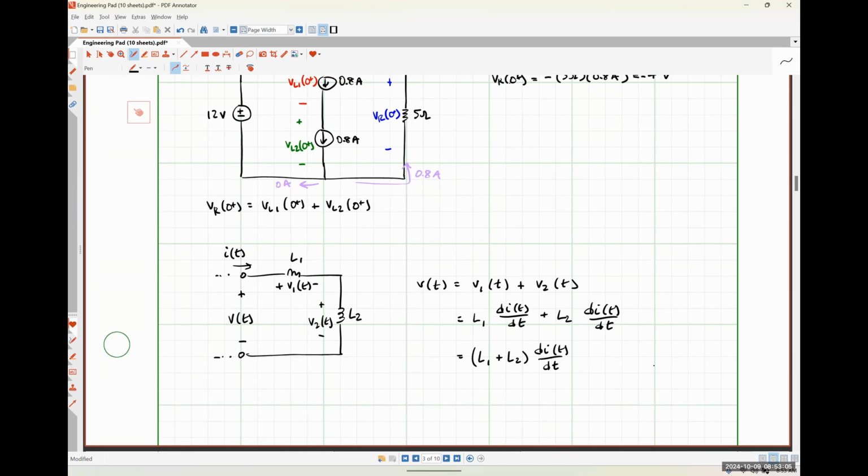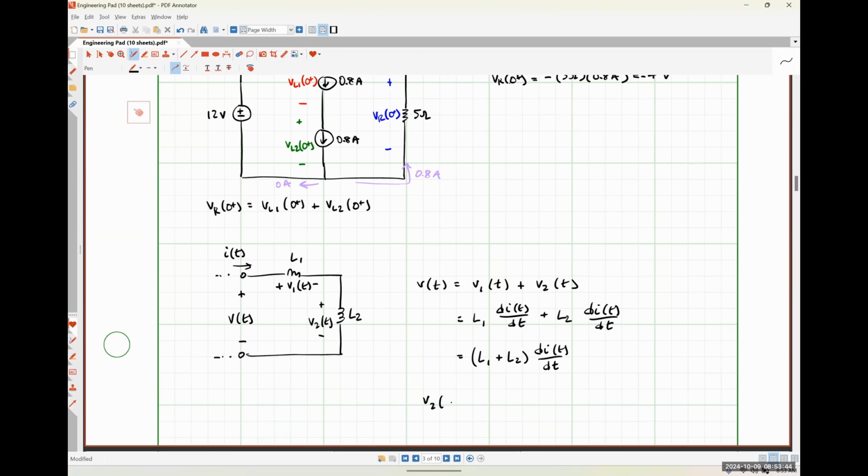So this would be way easier if we were dealing with impedances. I'm trying to remember how to make this math work correctly. Doing this in the time domain is hard.